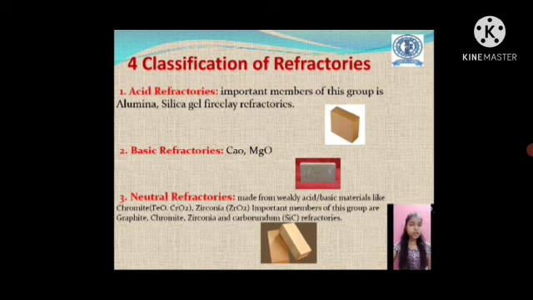Third, neutral refractories, made from weakly acidic or basic materials like chromite (FeO, Cr2O3) and zirconia (ZrO2). Important members of this group are graphite, chromite, zirconia, and carborundum (SiC) refractories.